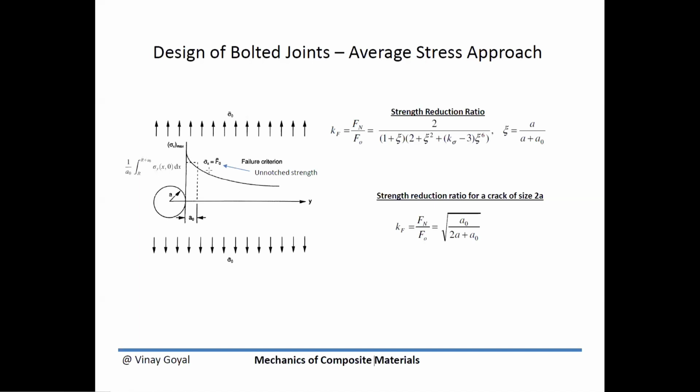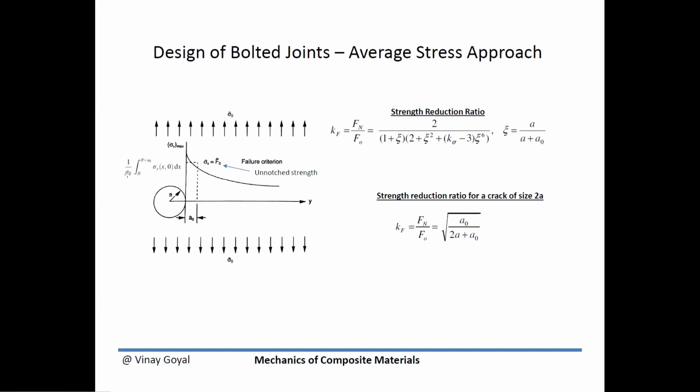That's the idea. So you have to find a naught to make that happen. One more time, I take the stress integrated from the edge to some distance away, and I'm finding the average value that will be equal to the unnotched strength. This a naught will be used as a critical distance for predicting failure.